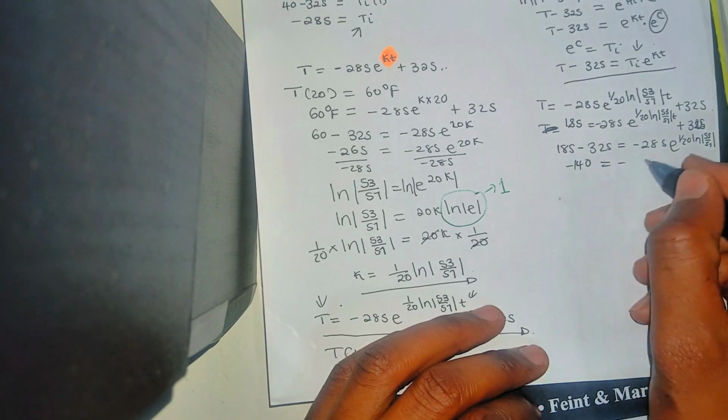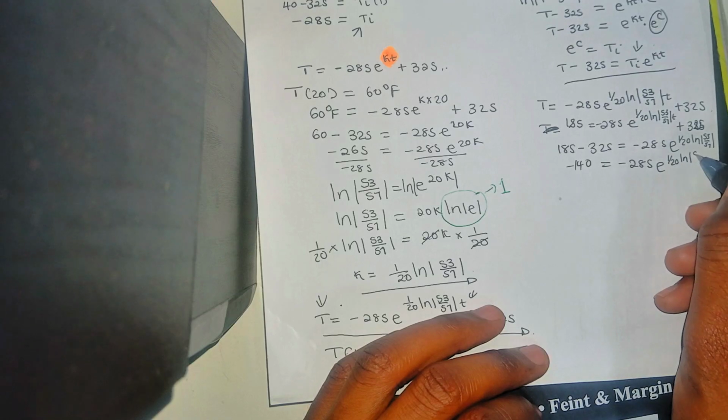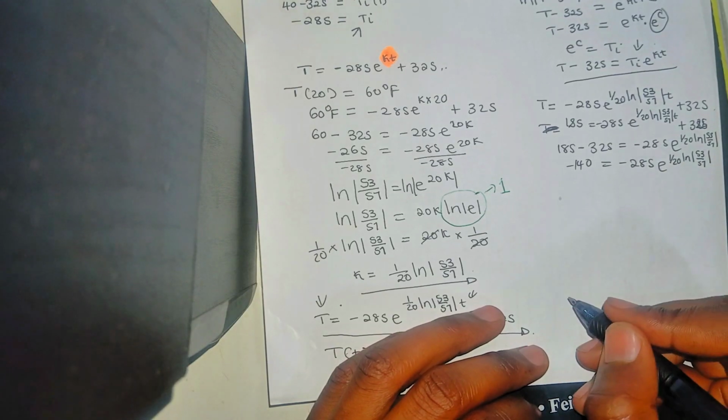Then it is equal to negative 285 e to the power 1 over 20 ln 53 over 57, right?